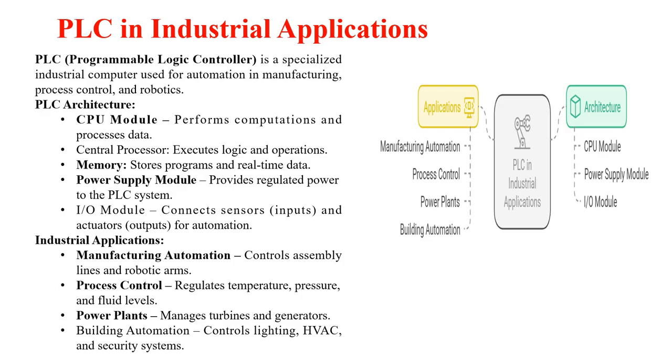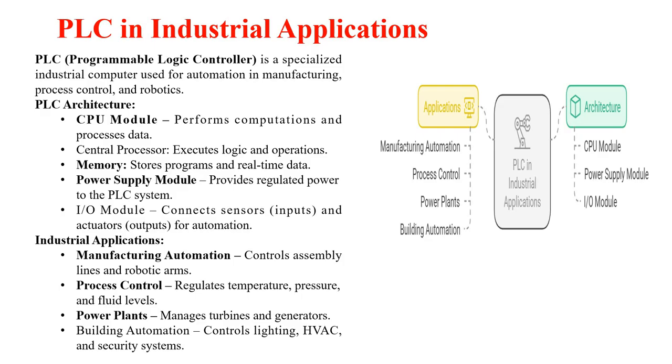Then you have the power supply module, which provides regulated power to all the PLC components and ensures stable operation under industrial conditions. Then you have the input output module, where the inputs connect the sensors, switches, and user controls to collect the data, and outputs control the actuators, motors, solenoids, and alarms based on the logic.